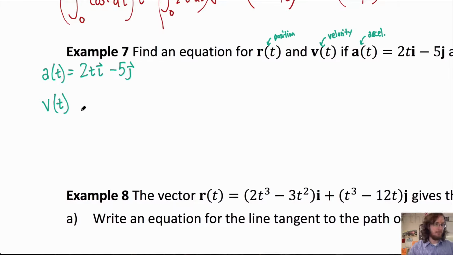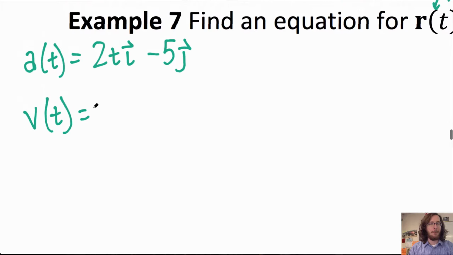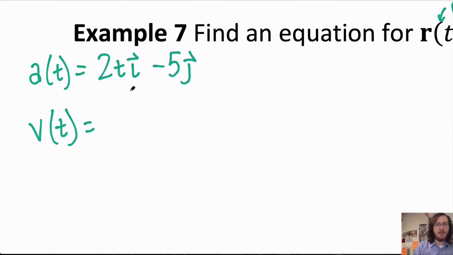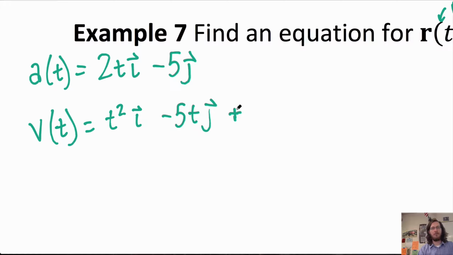Comes next in line. If we integrate our acceleration vector, then we get t squared i minus 5t times our vector j plus some constant.